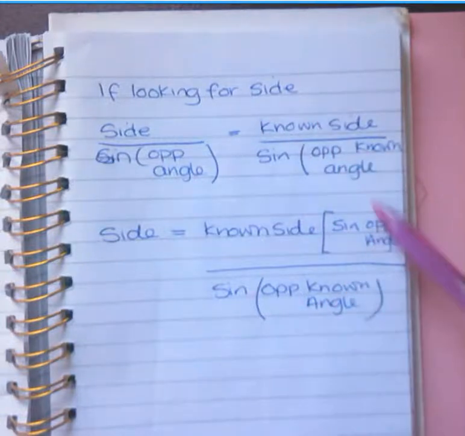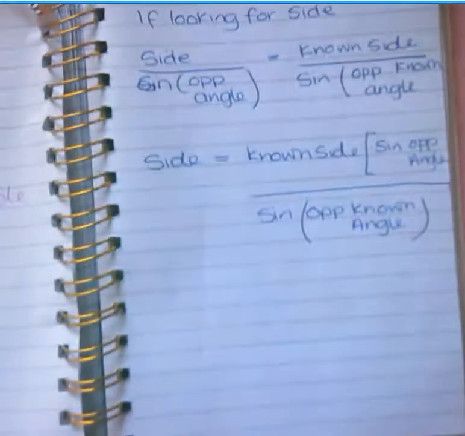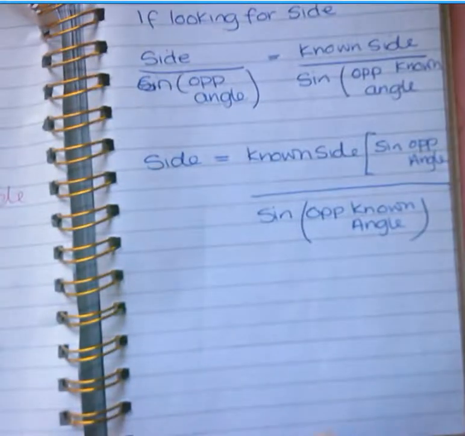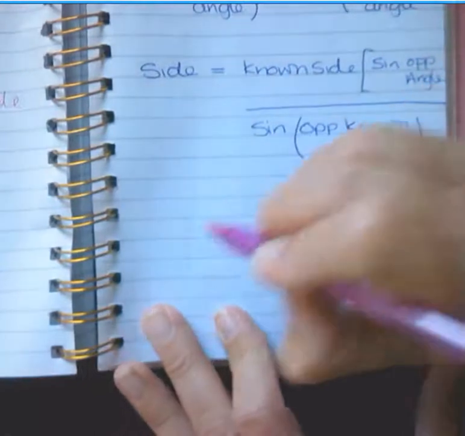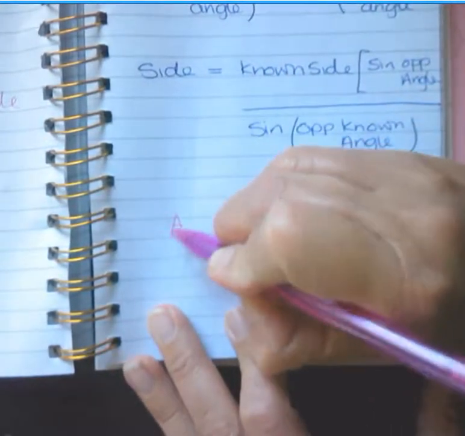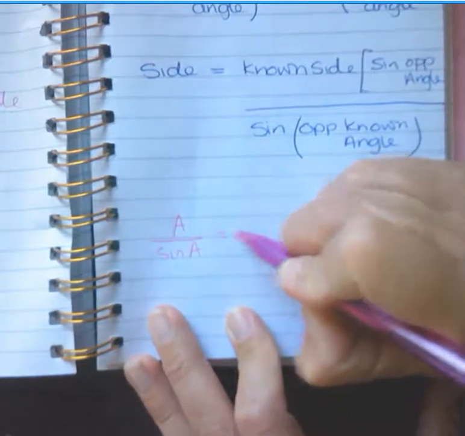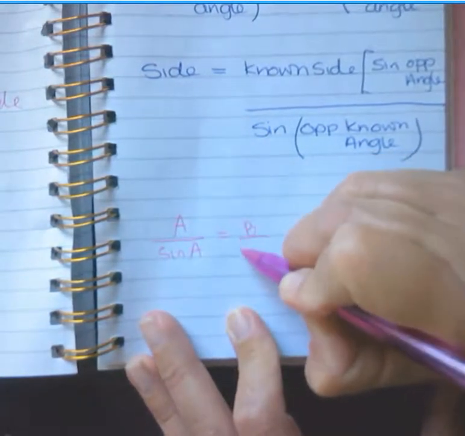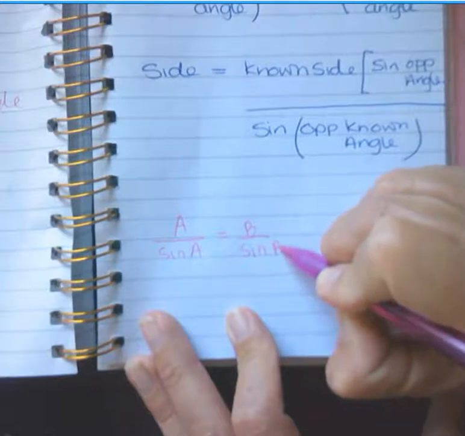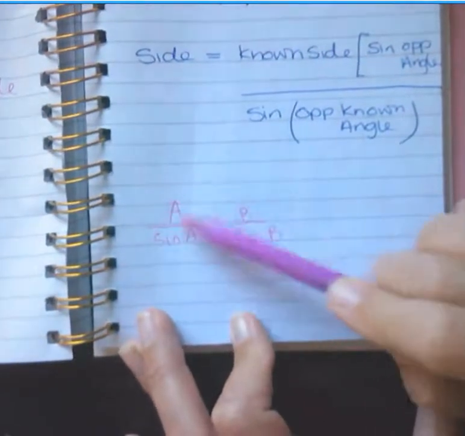In terms of this formula, it looks a bit odd. If I was doing what's in the book, you're going A over sine A is equal to B over sine B. So you're putting the length in the top.